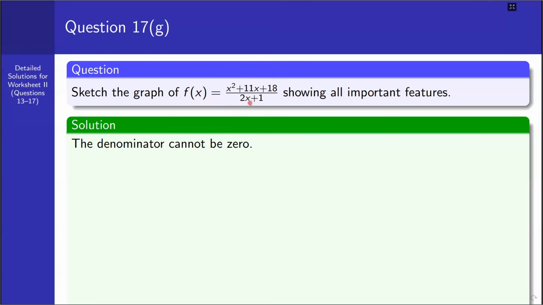So the graph will have an oblique asymptote. We will see how the asymptotes and intercepts are found. The denominator cannot be zero, so for this to be defined it must be non-zero. But the denominator 2x plus 1 is 0 when x equals negative 1 over 2.